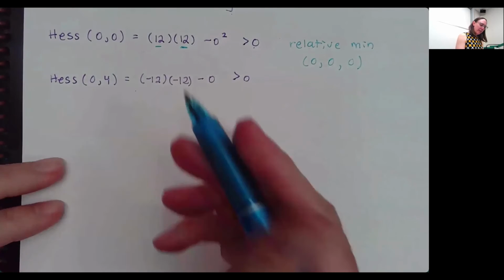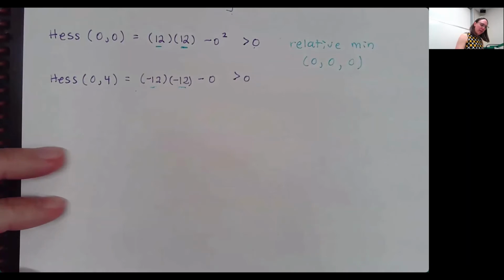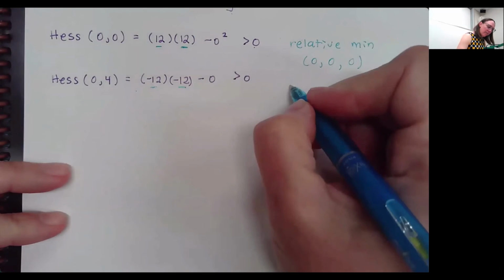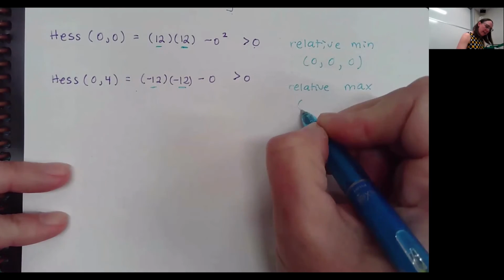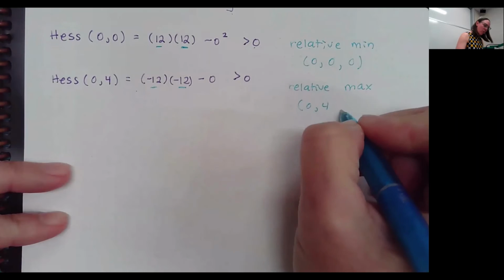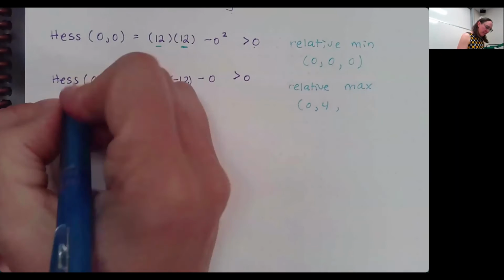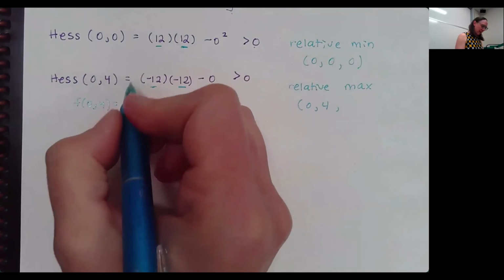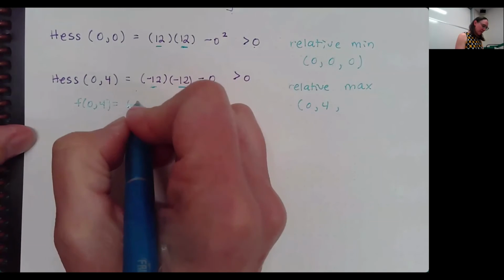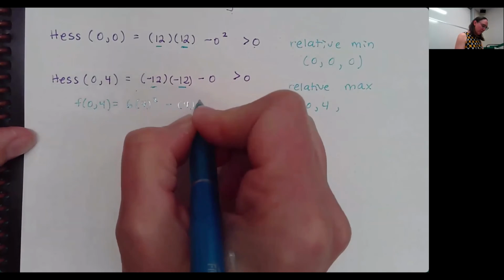This time, both of those concavity pieces are negative, which means I'm concave down, and I've got a relative max at (0, 4), and if I plug that in to get the z value, f of (0, 4), I'm going to skip all my x pieces, so that's 6 times 4 squared minus 4 cubed.